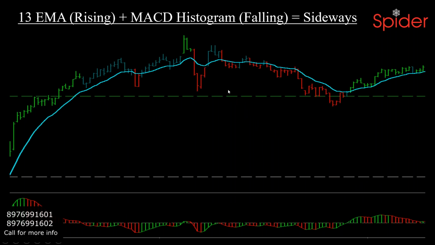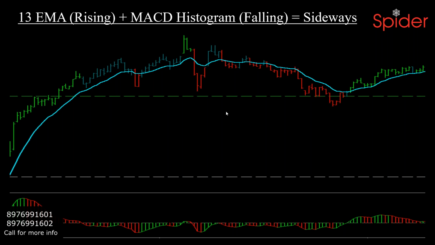Now, if the 13 EMA is rising and the MACD histogram is falling, see from this point the EMA was rising and the histogram was falling, so it is forming a blue colored candle, which is indicating that the trend is sideways, or you may say it is a little bit confused right now.